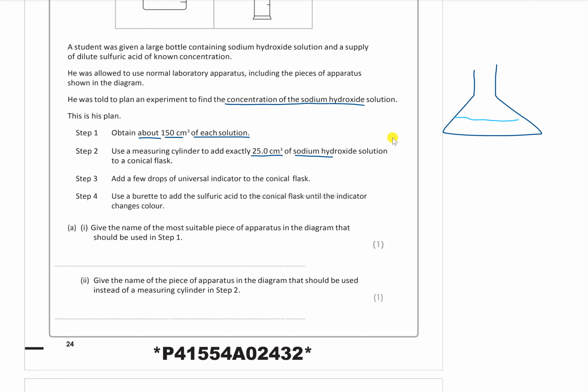I've added 25 centimeter cubed of sodium hydroxide. Right, we're going to add a few drops of universal indicator.